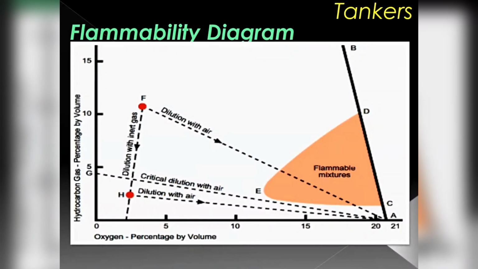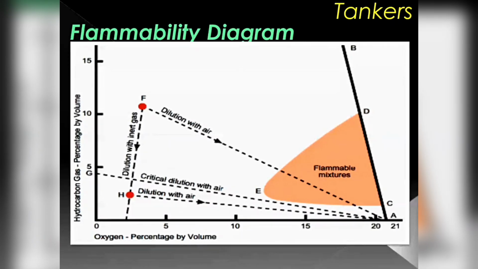Then they thought, what can we do? What if we reduce the oxygen percentage in the tank? It's a sealed compartment which has cargo, and above the cargo, from the deck head, hydrocarbon vapors are there. In that vapor, if we don't let any air go in and introduce inert gas, we can make the atmosphere safe so that fire will not take place.